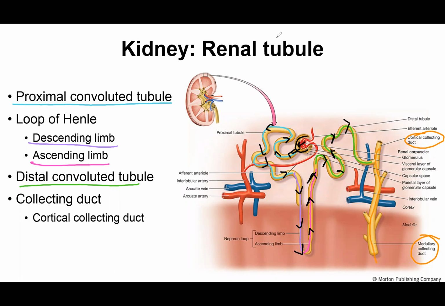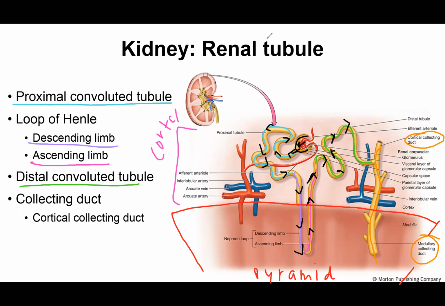is one structure, but it has two names based on which section of the kidney we're talking about. This essentially would be a pyramid down here. Out in this top section, this is all cortex. Remember, cortex is the outer part of the kidney, and medulla was everything inside of that section.